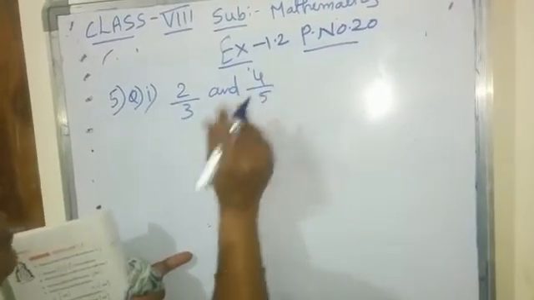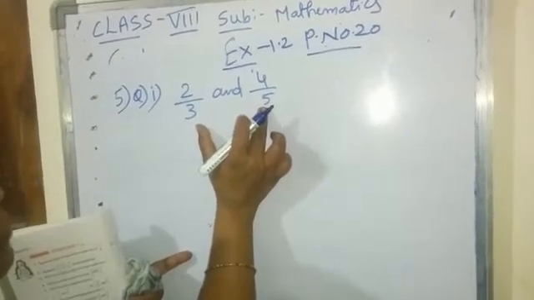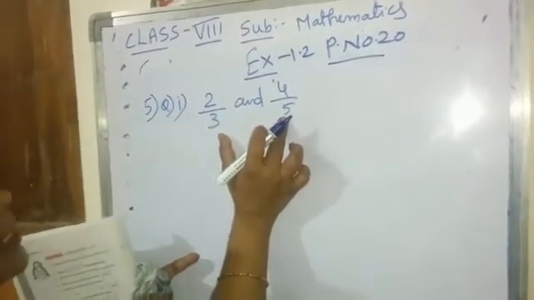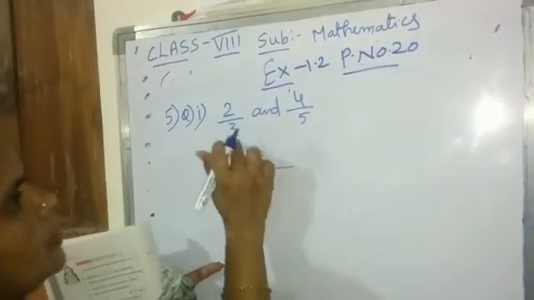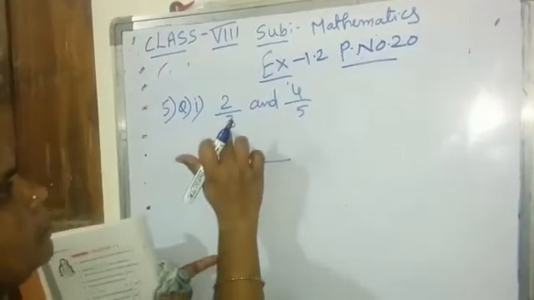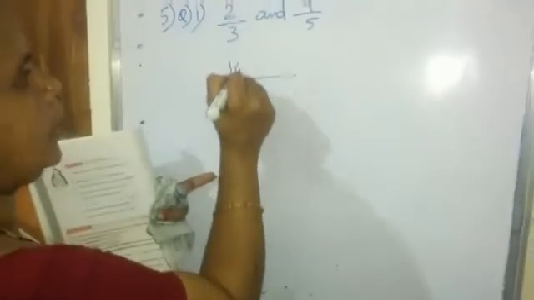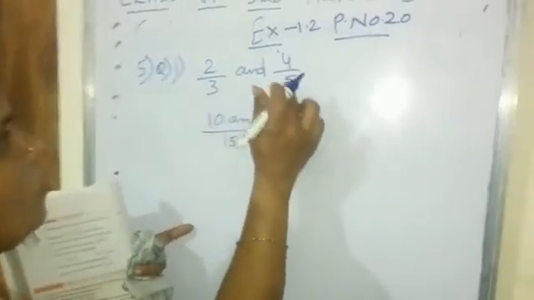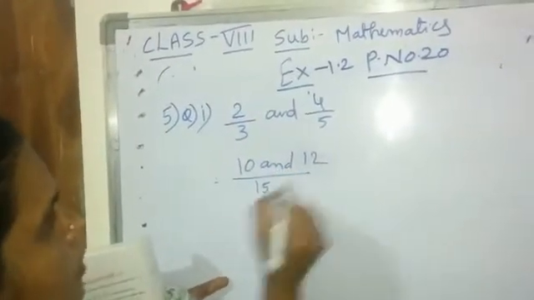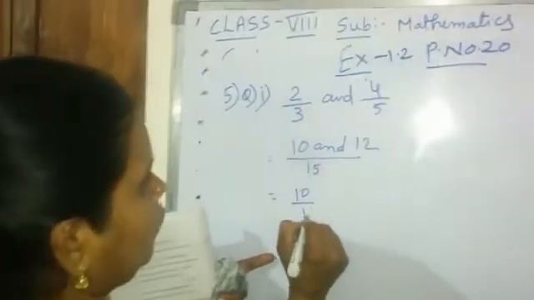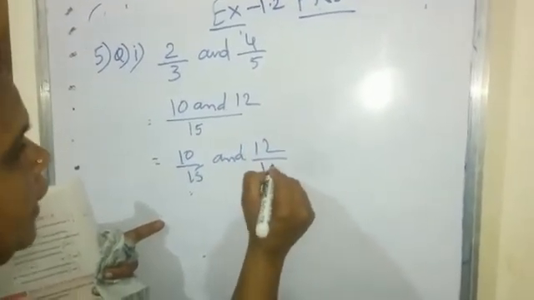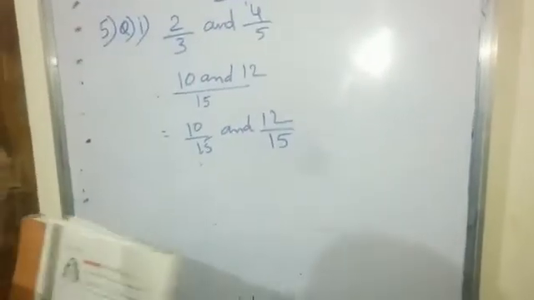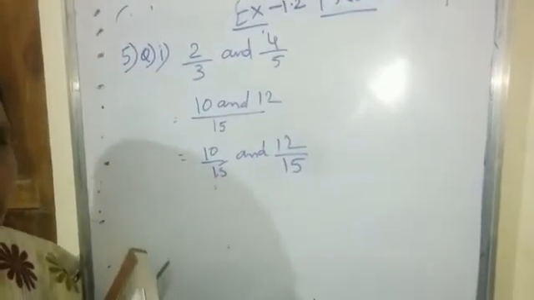Copy it down. Observe that the denominators are not equal, so we should equate the denominators by taking the LCM. 3 fives are 15, the LCM. 3 fives are 15 and 5 twos are 10; 5 threes are 15 and 3 fours are 12. So we get 10 by 15 and 12 by 15. Between 10 and 12 we have only one rational number, that is 11 by 15.